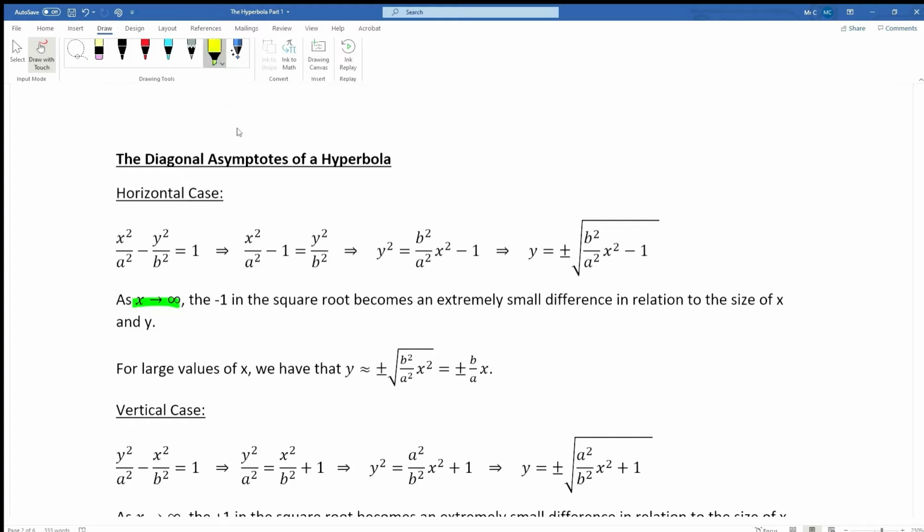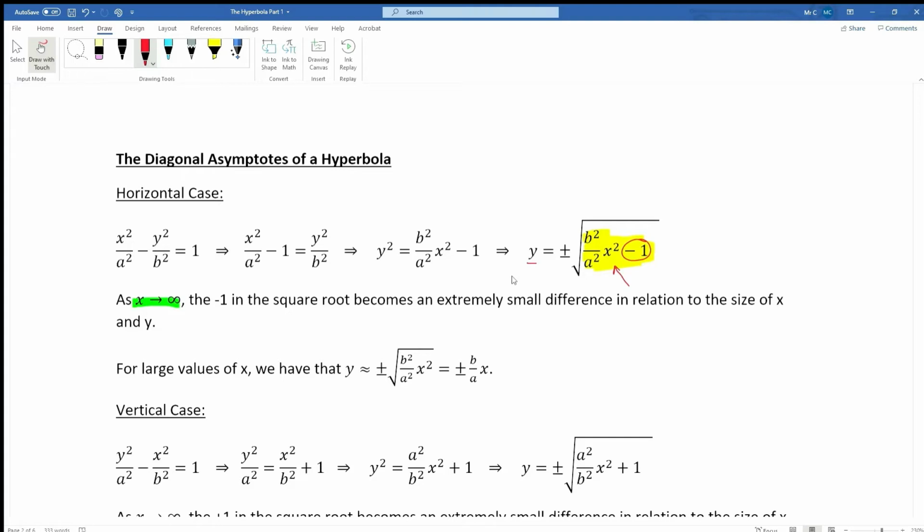Well, inside this square root, the term b squared over a squared times x squared is going to get huge when x goes to infinity. So this negative 1 becomes almost completely irrelevant, right? When x starts getting to like 10, 20, 30, 50, 100, that negative 1 makes very little difference in the value of y that we're getting.